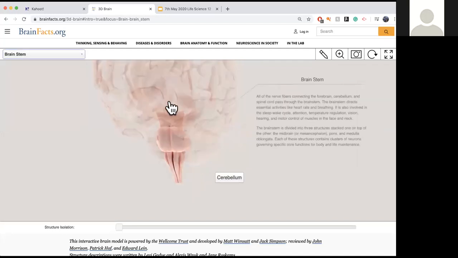So this is your medulla oblongata, all the nerve fibers connecting the forebrain, the cerebellum, and the spinal cord need to pass through your brainstem, your medulla oblongata. It controls essential activities like heart rate, your breathing regulation, vision, hearing, motor control, muscles of the face and neck. This is one of the most important parts of your brain.